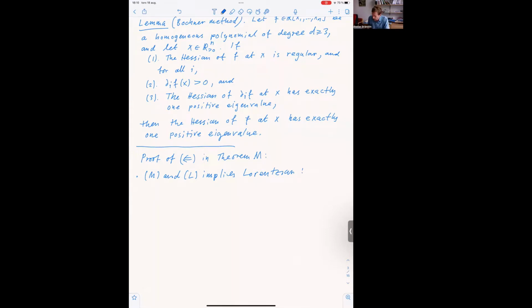So we let L prime be the set of polynomials satisfying M and L, and L to be the Lorentzian polynomials.